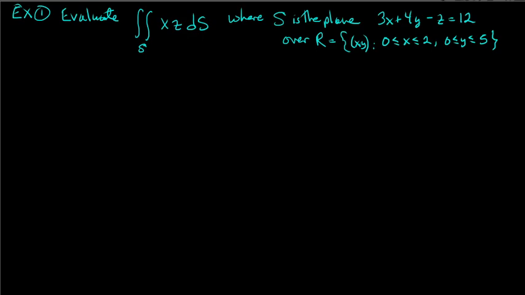That's an infinite plane, obviously, so it's very possible that we'd get an infinite surface area. So we're restricting it to the rectangle, the region R, where x is between 0 and 2 and y is between 0 and 5. So 1, 2, 1, 2, 3, 4, 5. And that's R, just the usual xy plane.